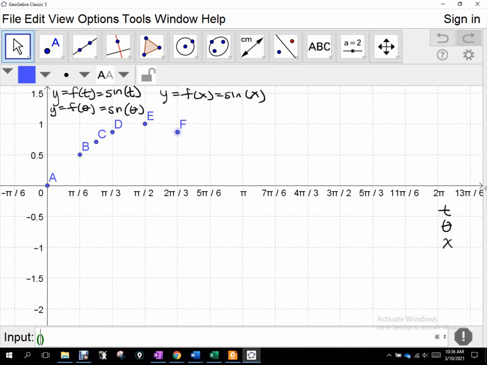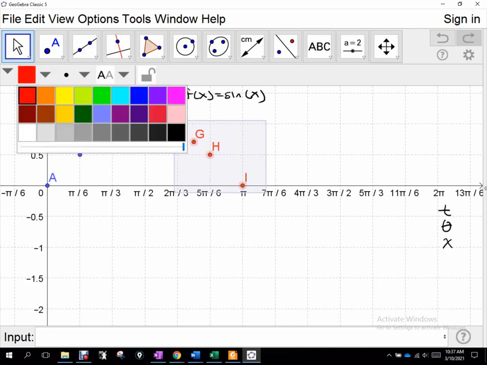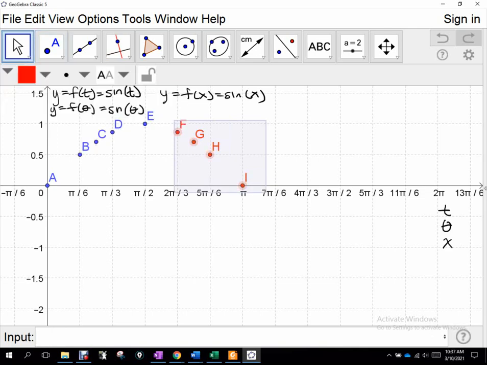At 3 pi over 4, I should have the same y value that I had at pi over 4, square root of 2 over 2. At 5 pi over 6, I should have the same y value I had at pi over 6. And at pi, I should have the same y value I had at 0. And I get those. So these points here, those red points, are the second quadrant ordered pairs, theta and the y value.